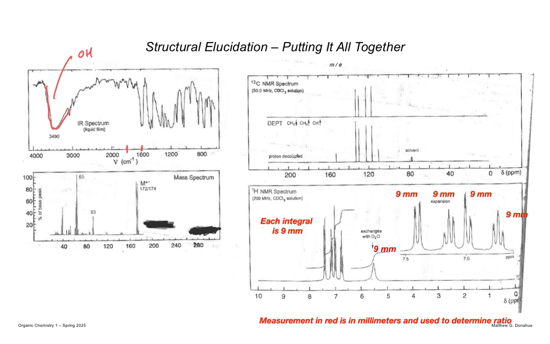When we see the mass spectrum and we look at the parent ion, does anything stand out about the parent? We have a mass of 172 and it says another mass at 174. So you have M and M plus 2.